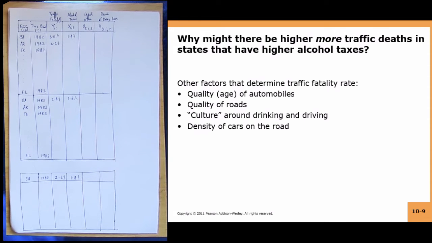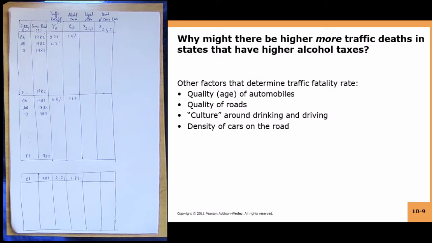The airbag may deploy, or the body of the car may be stronger. It may not be a very old car, and may not skid or something like that. So as the quality of automobiles increases, which is possibly dependent on the per capita GDP of that particular state, the number of fatalities may go down.